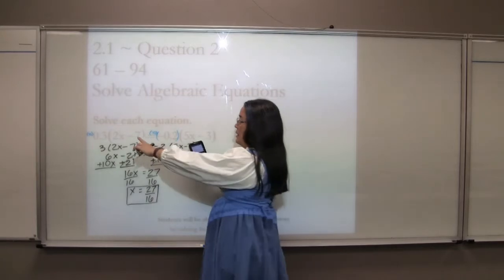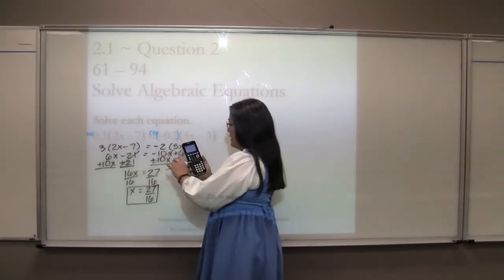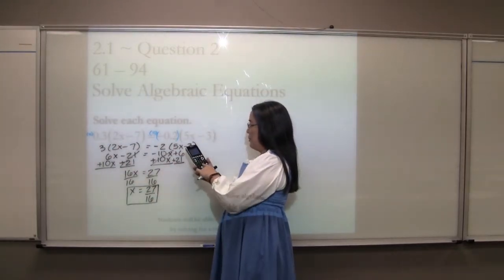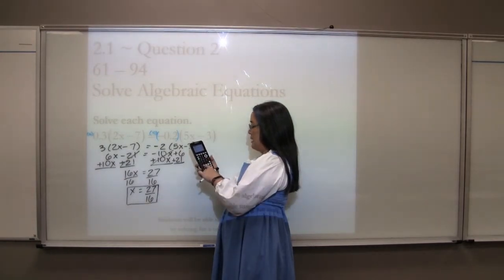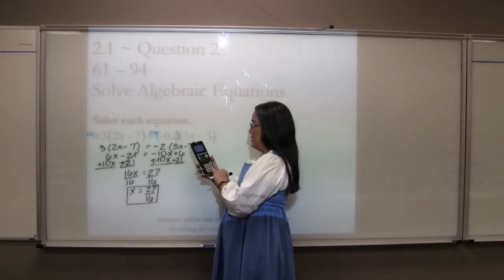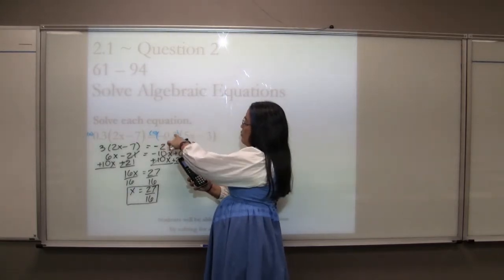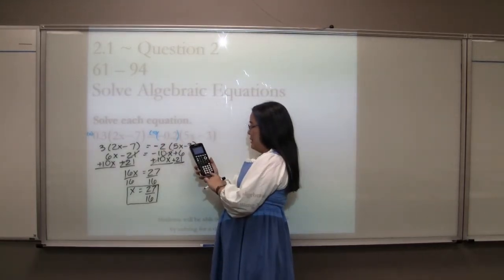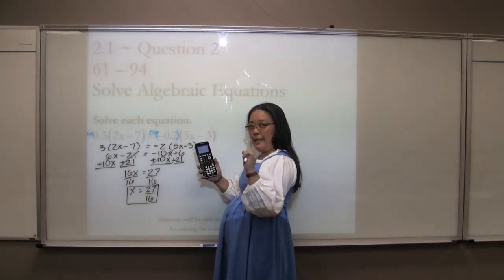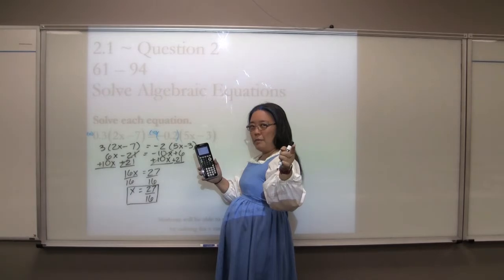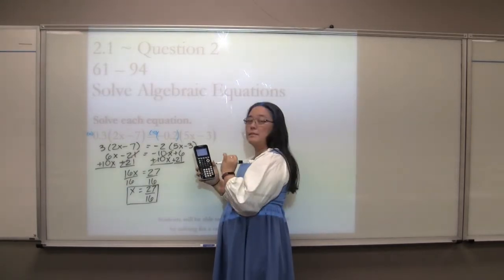Now, I'm going to type in the original left-hand side, 0.3 parentheses 2, again the X button, minus 7, and parentheses, enter. Then I'm going to write the original right-hand side, negative. Now, be careful, this negative sign and this minus sign may look the same, but the calculator needs them to be different.